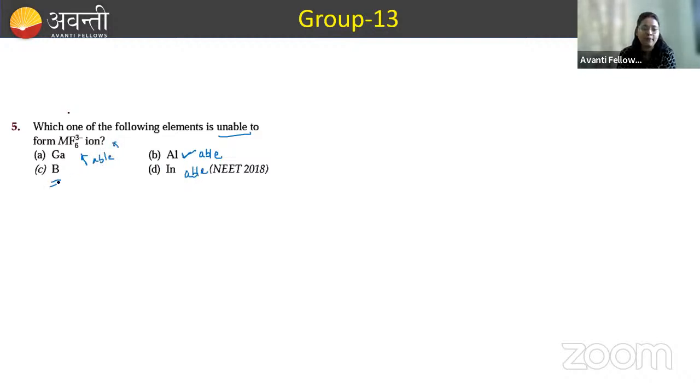But boron has no vacant d orbitals present in its valence shell, so it cannot extend its valency to more than 4 atoms, or 4 ligands. So that's why boron cannot form the ion. So that is our answer. So this is not able. ठीक है, this is not able, और वही पूछा था नॉट एबल कौन से नहीं होंगे, तो our correct answer is B, right. Any doubts regarding this?